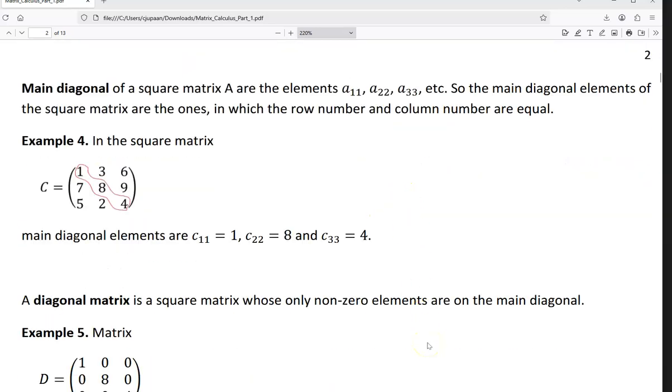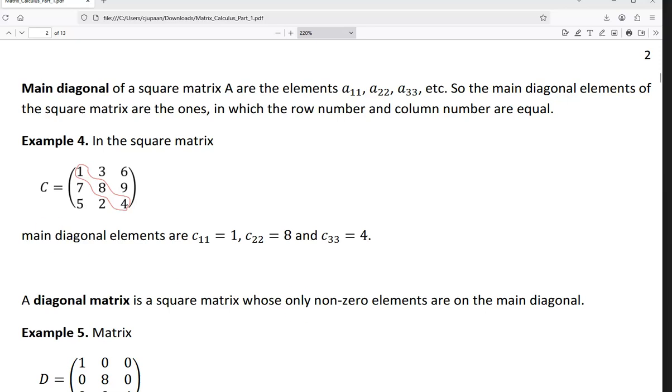Then more concepts. Diagonal. When you have a square, or also a rectangle, you may draw a line from corner to the corner on the opposite side of that rectangle, and that is called a diagonal. In a square matrix it is defined so that the diagonal elements are always those elements which are located in the first row and first column, or second row and second column, or third row and third column.